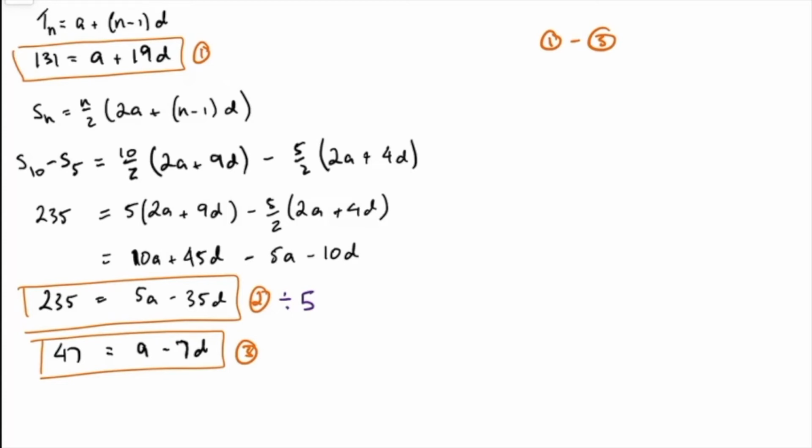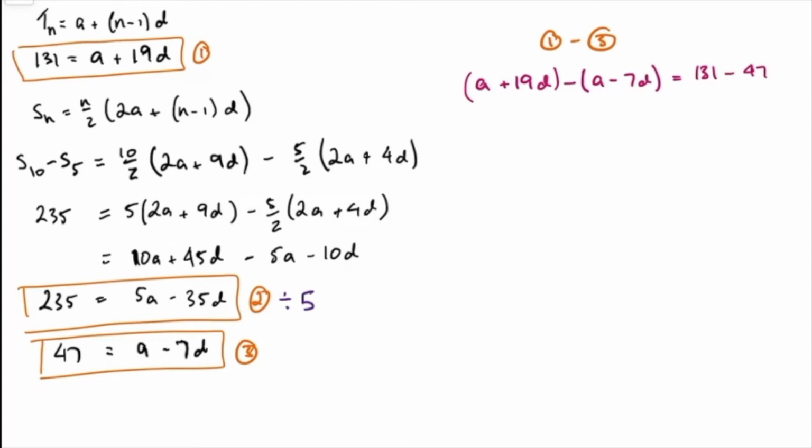Alright, so equation 1. Let's put them in brackets just so that we can keep those equations separate. And there we have that first line of equation 1 minus equation 3. So here we go now.